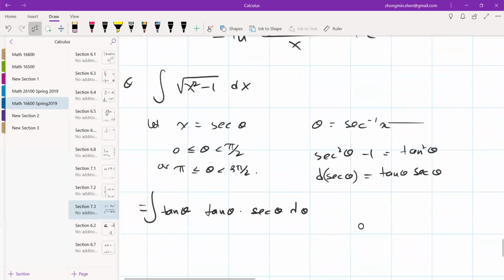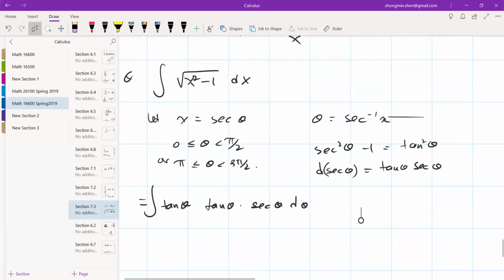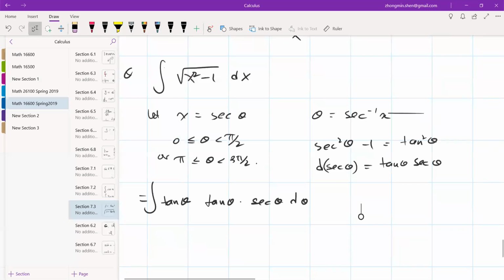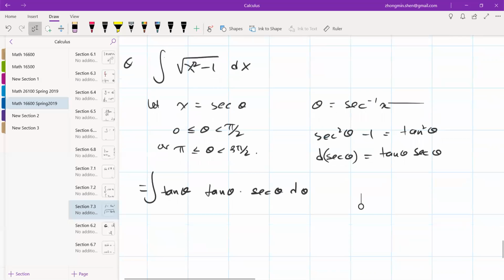Can we evaluate this integral? If you change everything to sine and cosine, you will get sine squared theta over cosine cubed theta d theta.